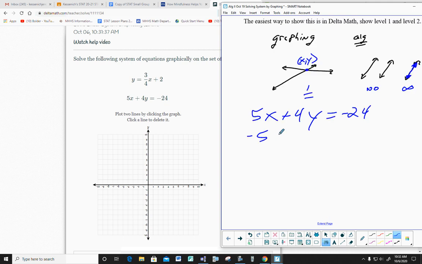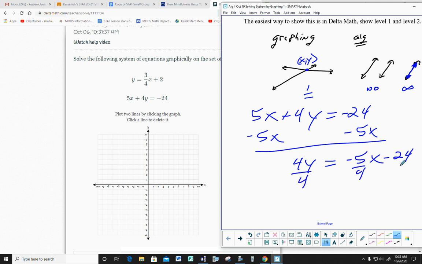So I have to subtract the 5x first. Then you have 4y is equal to -5x minus 24. Then you divide everybody by 4. So your answer is y is equal to negative 5/4 x minus 6. So this is the second equation you need to graph.